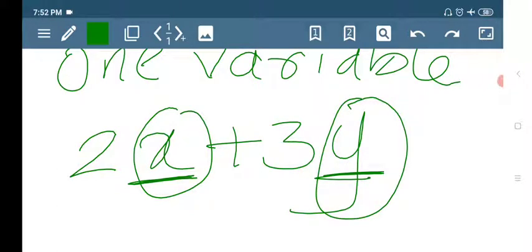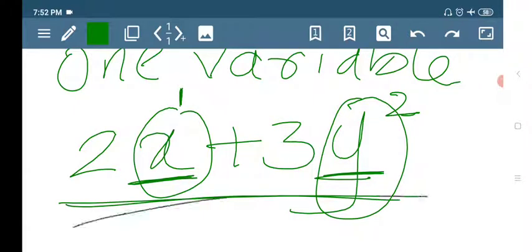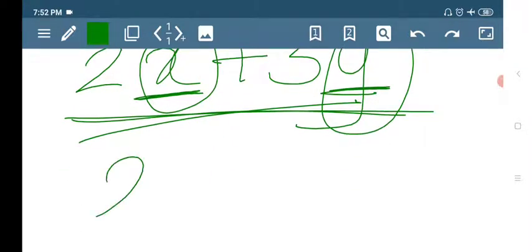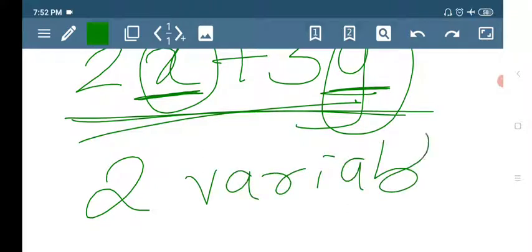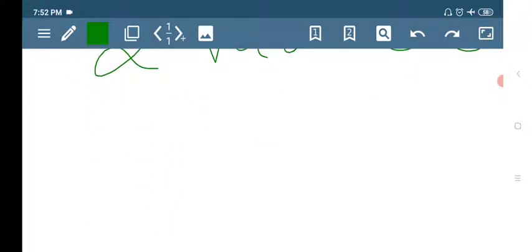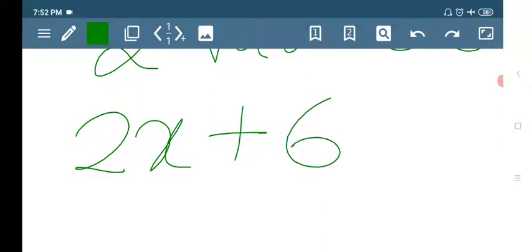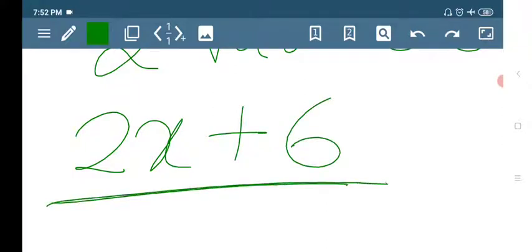It means this is the one variable and this is the second variable. So this expression has two variables.